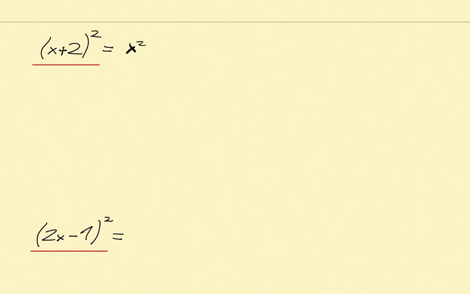In this case it's a 2, so x squared plus 4, and then we'll add 2 times the first one times the second one. So what does this mean? 2 times x times 2. And we'll just write this in brackets. And so what we'll get is x squared plus 4x plus 4. And that's what we want to get.